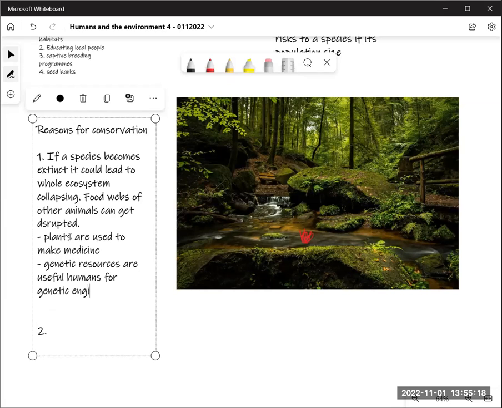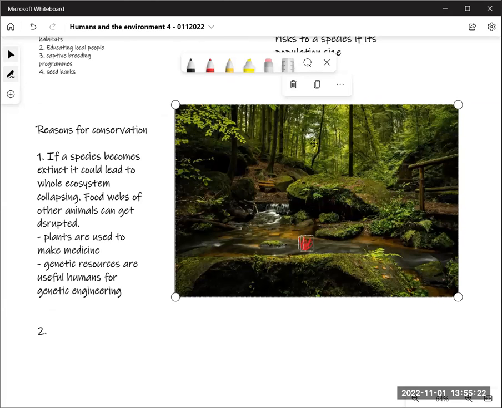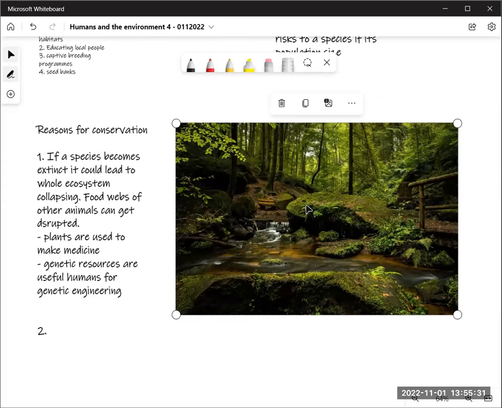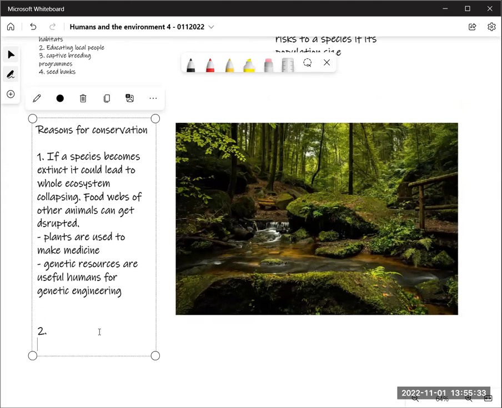Now, perhaps if you want to take some bacteria from this water and you want to do genetic engineering on it, or if you want to take some plant and genetically engineer it to make a different, better kind of plant, you cannot do it if the plant disappears, if it goes extinct, or if the whole habitat collapses.